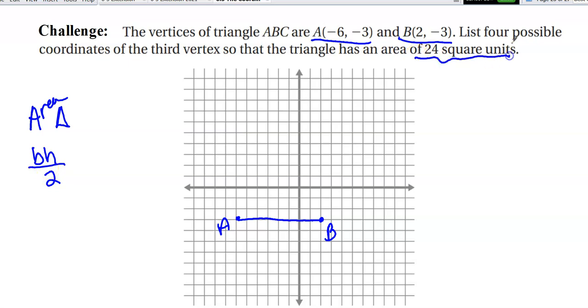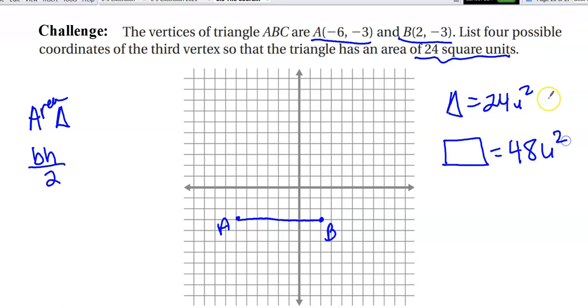So if the area is going to have 24 square units, right? So the triangle equals 24 units squared. The rectangle that I can make the triangle out of has to be double that, which would be 48 square units. So I'm going to just think about this. If this is one side and I count 1, 2, 3, 4, 5, 6, 7, 8. So this is the base, and my base equals 8 units.